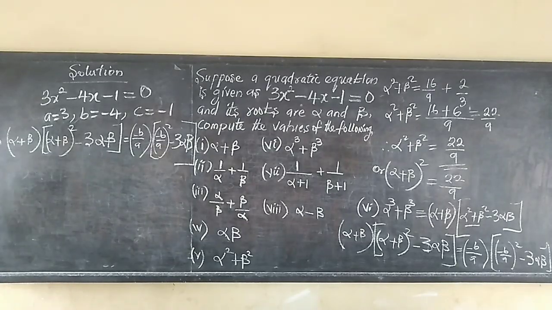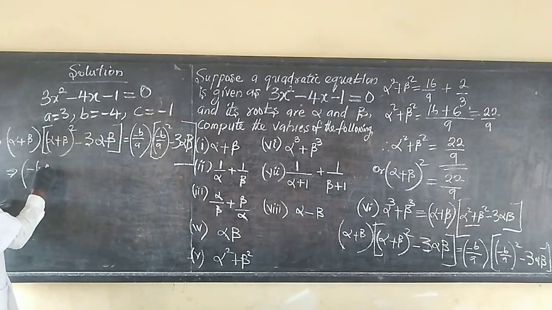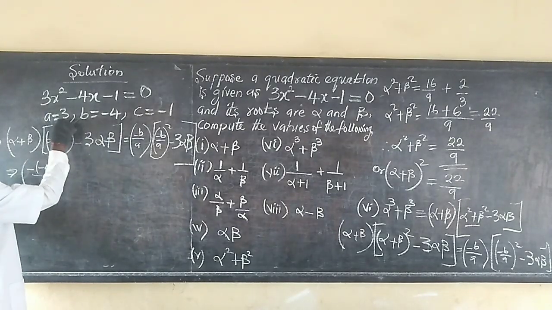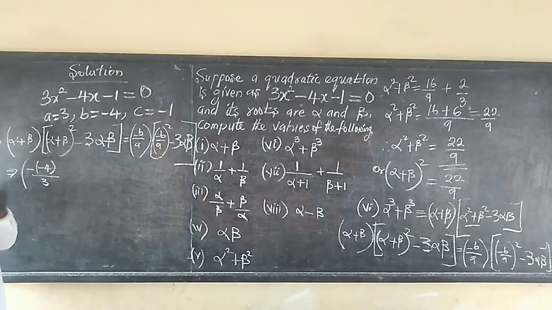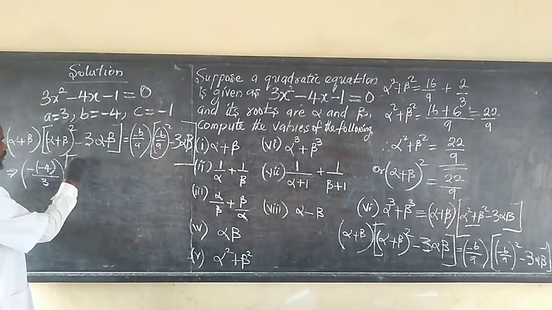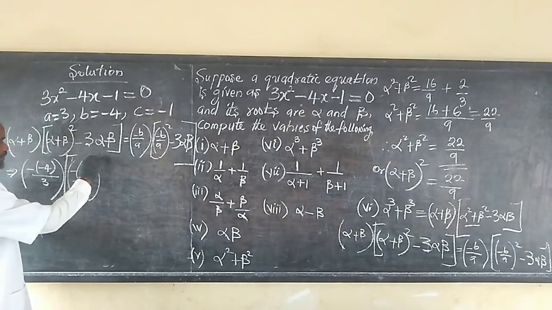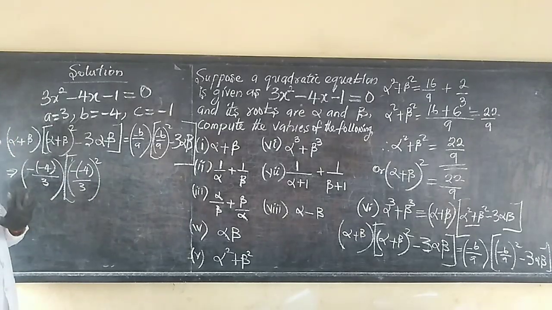So let's substitute. For this, minus b, minus bracket minus 4 over a, which is 3. That's the first thing. The second one, the same thing applies, but squared: minus bracket minus 4, all over 3, all squared. Take it one at a time.